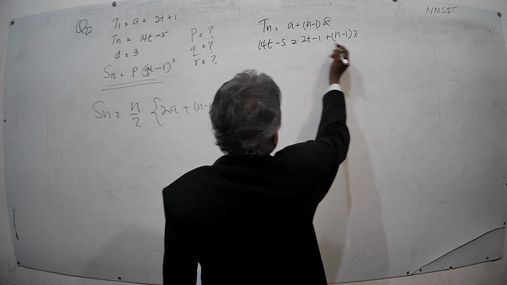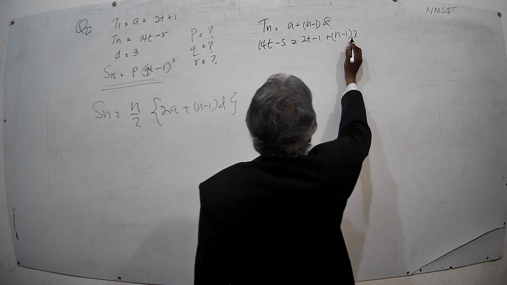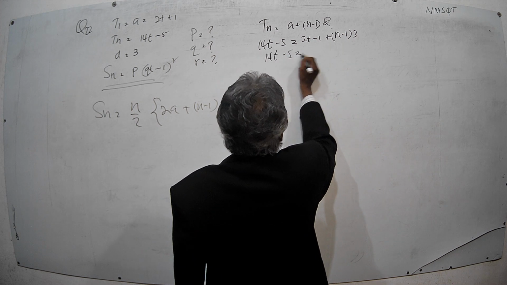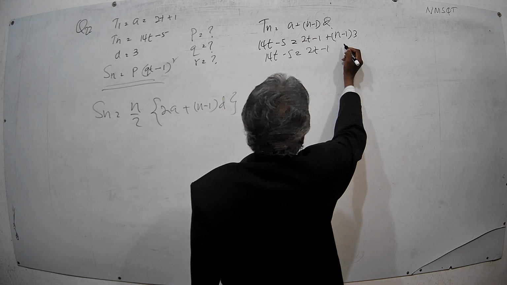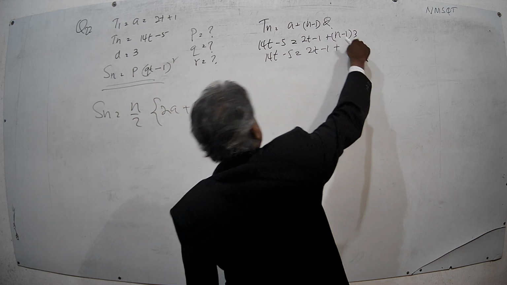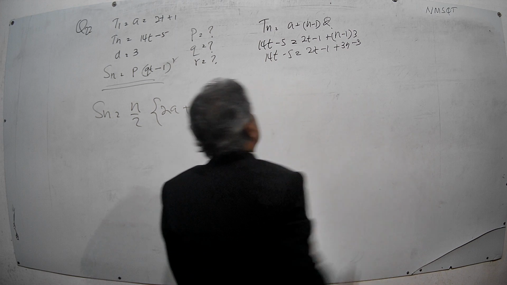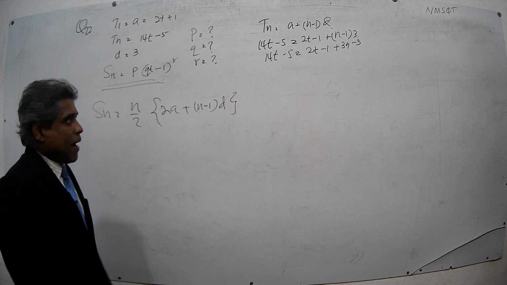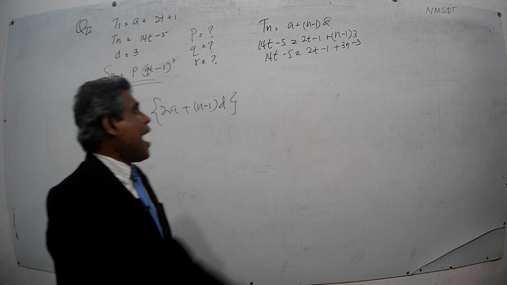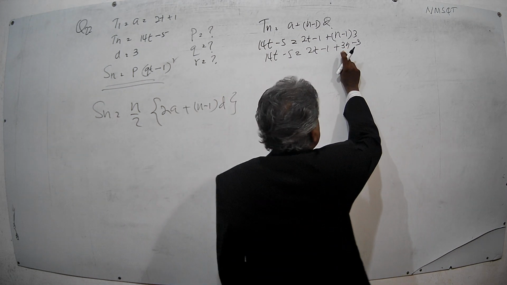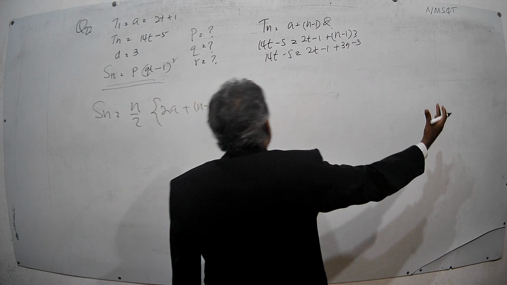Right? Then what we do is we first of all remove brackets. Then 14t minus 5 equals 2t plus 1, and plus 3 times n is 3n, 3 times minus 1 is minus 3. Okay. We have removed brackets. Now all we have to do is to make n the subject. Keeping this 3n on this side, bring all other terms to this side.